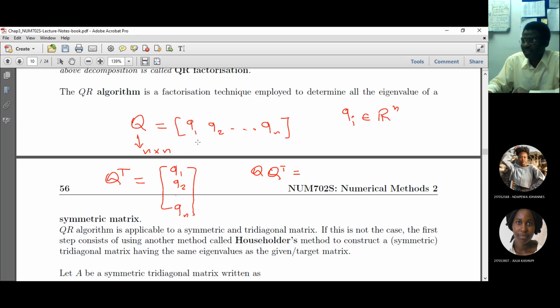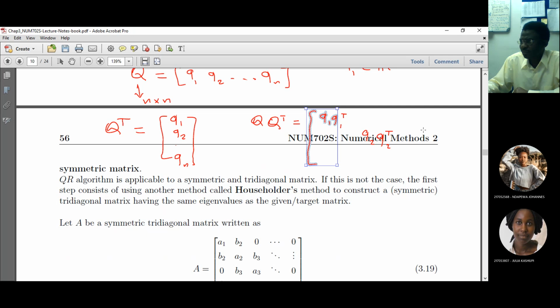If I multiply this with that, you see that here, along the diagonal, this will be Q1 transpose, of course there is a transpose here, but I will just write it this way, Q1 transpose, because these are vectors, right? Q2 transpose, up to Qn transpose, right?